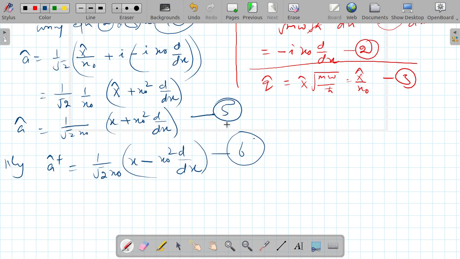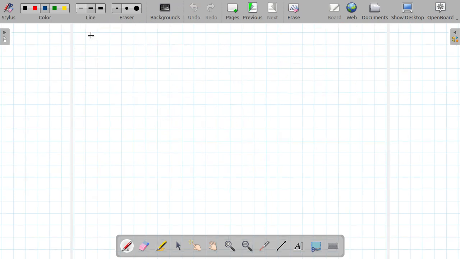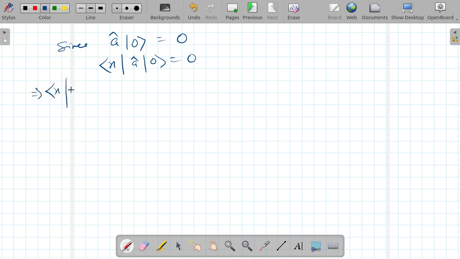Now we have to use these equations to calculate the wave function. Since we studied in the earlier lecture that A applied to the ground state is equal to 0, operating both sides with this, it will become 0. Now I have to substitute their values.